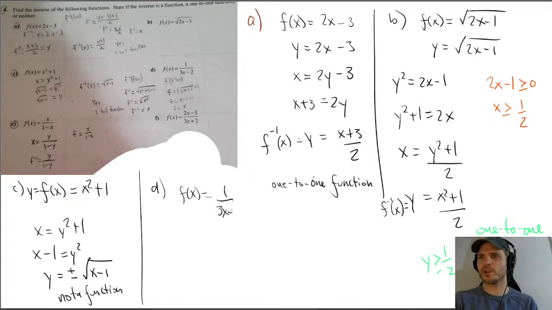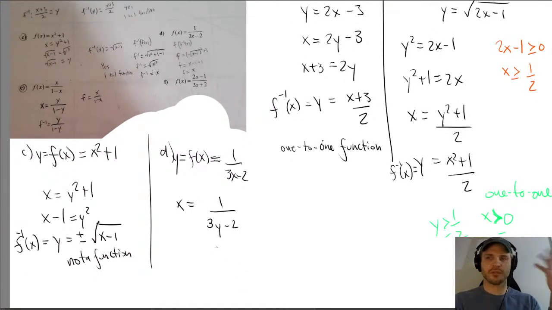1 over 3x minus 2. So this is y. Let's swap and solve again. So x equals 1 over 3y minus 2. Oh, this is f inverse down here. But it's not even a function, so function notation is less important. Okay, then we got to solve for y.